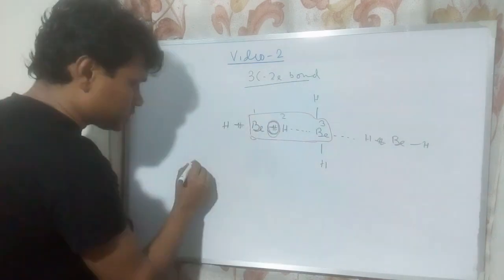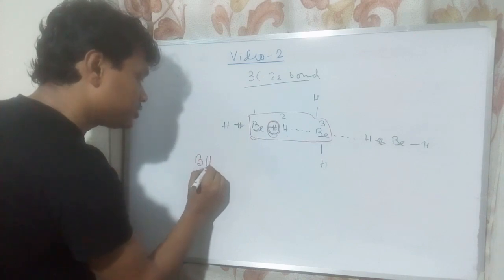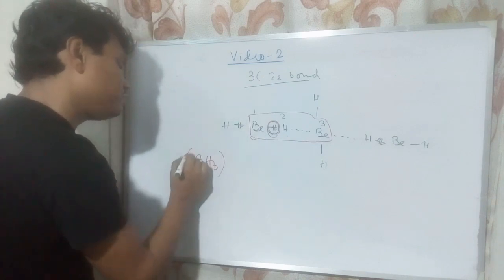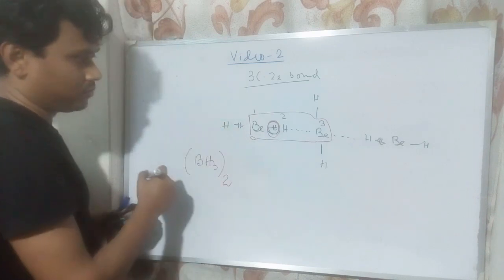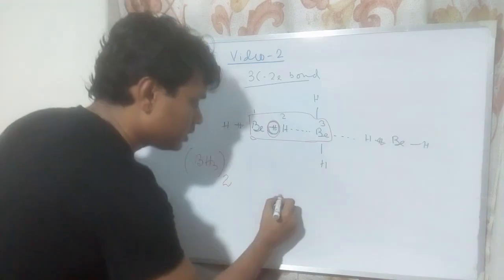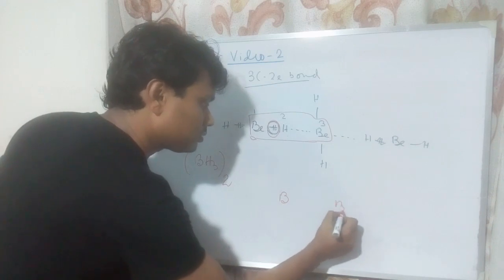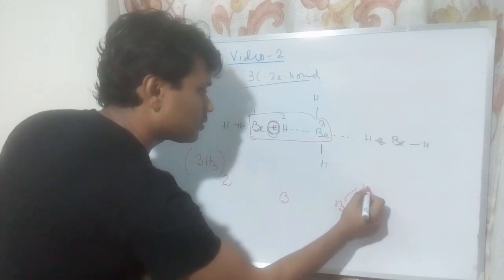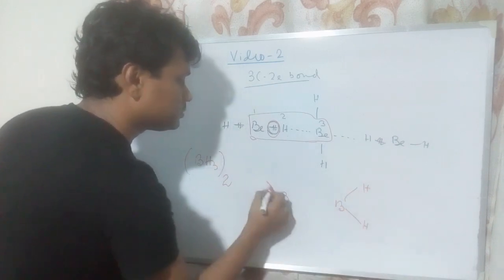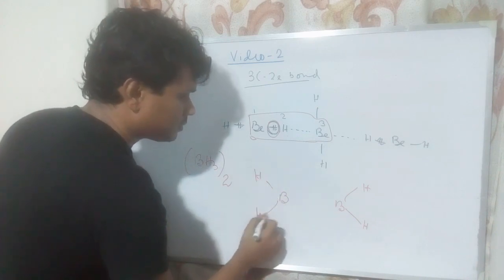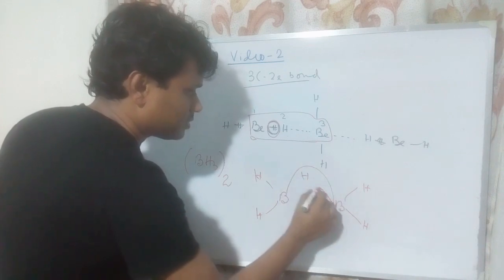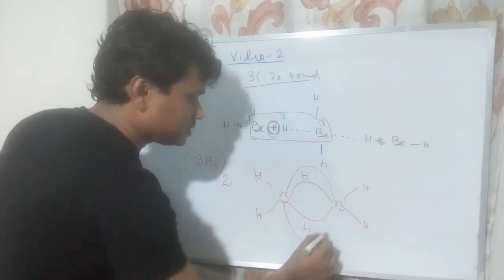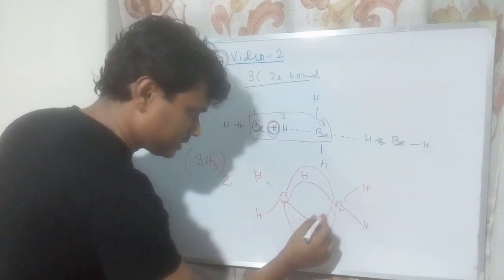If such type of bonding is found in BeH2, I shall explain about BeH2 in my next video, and that's why it remains in dimeric form. What happens here? This boron, hydrogen, and these middle hydrogens, they participate in 3 center 2 electron bond, because centers are 3.